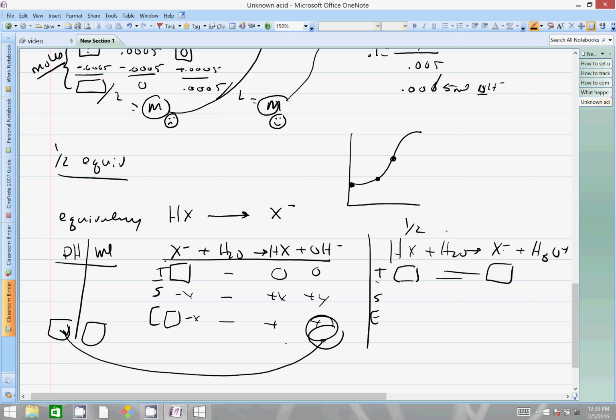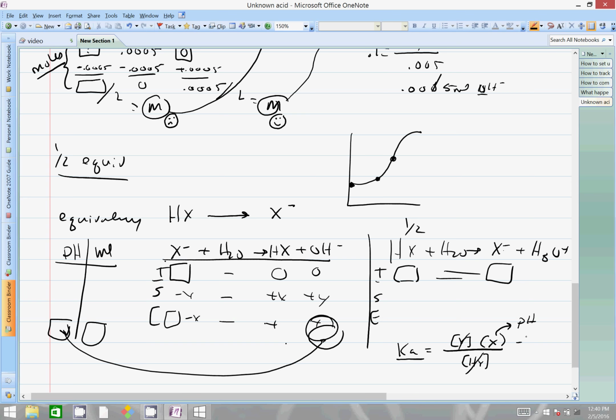So that sometimes makes it a little bit more straightforward as well. In the Ka expression, the concentration of my X negative will equal the concentration of my HX, and therefore they will cancel, and Ka equals my X value, which happens to be gathered from the pH.